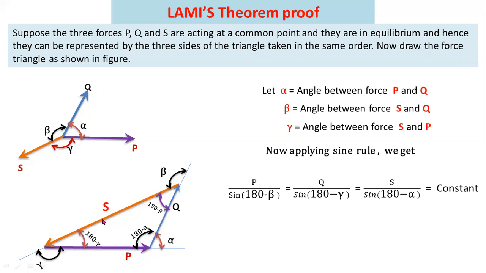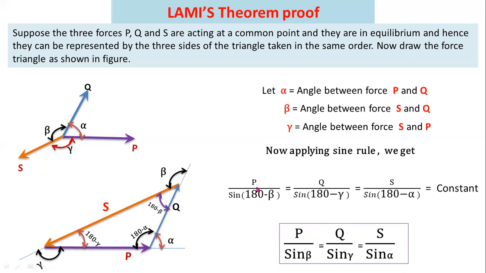This one is S force and the opposite angle is 180 minus alpha. So from this triangle, P by sine of 180 minus beta equals Q by sine of 180 minus gamma equals S divided by sine of 180 minus alpha. These all are equal to a constant value.